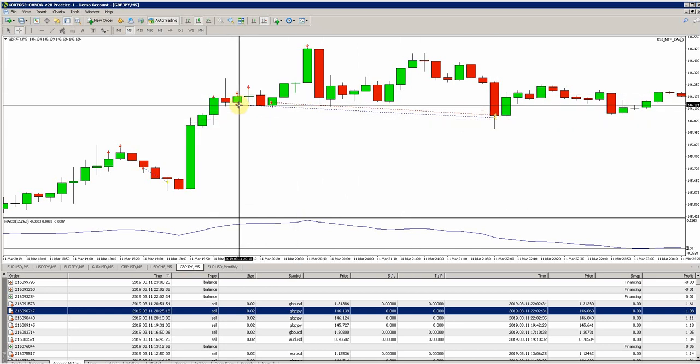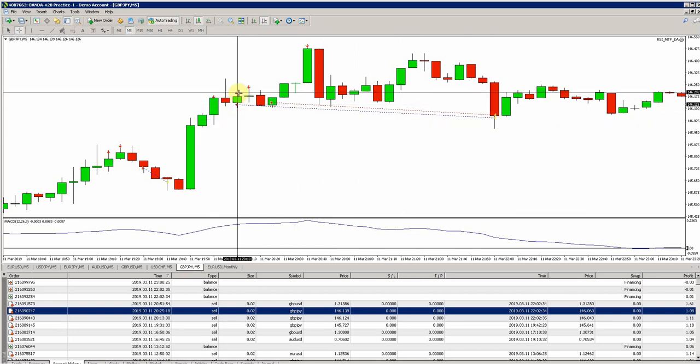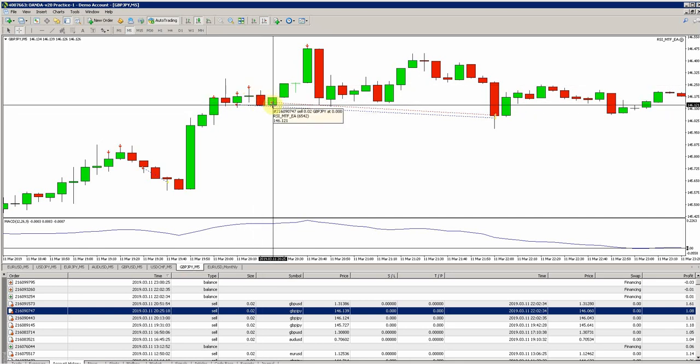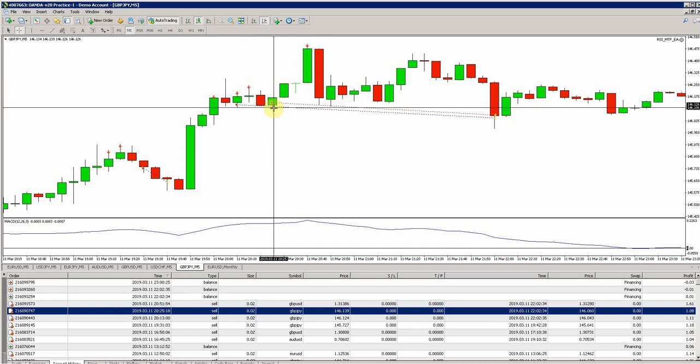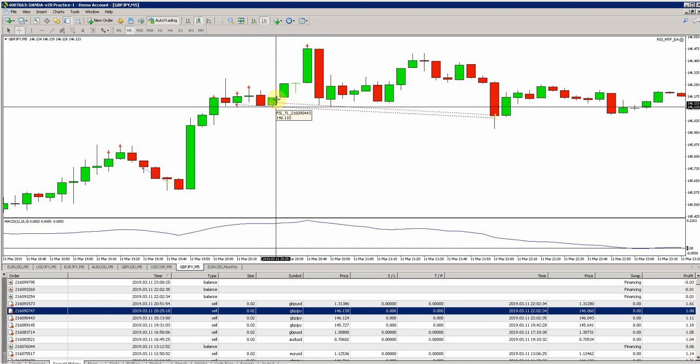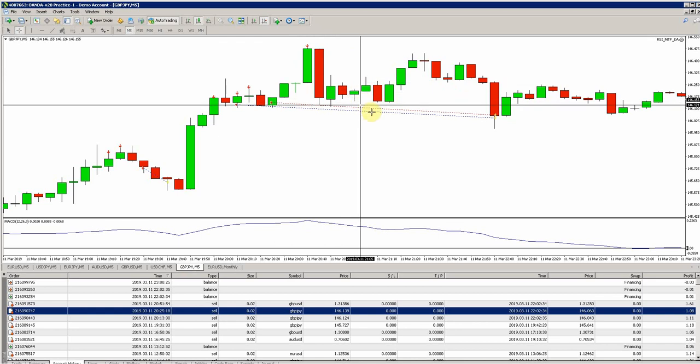Then the 5-minute and 15-minute went overbought again. The bar was not overbought and therefore it creates another trade. So it's created 2 sell trades over here, which went against me.